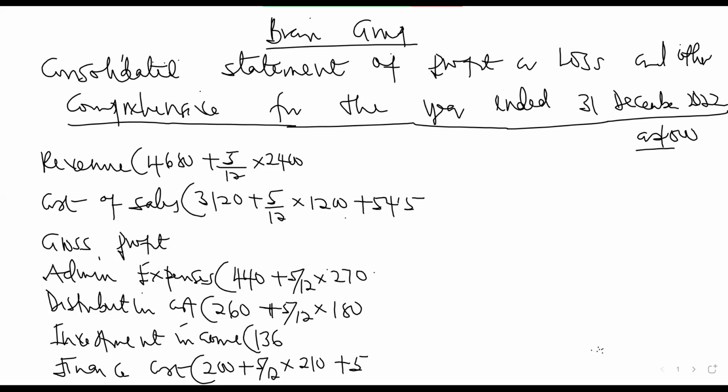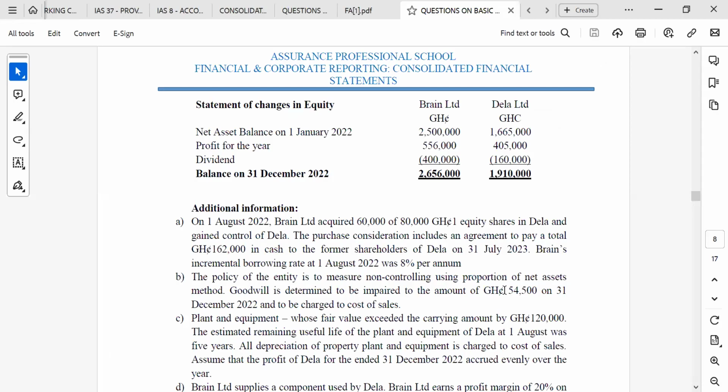You don't have to do anything. We are not calculating goodwill. You only calculate the goodwill if the question has asked you to do so, or you are given an impairment of the goodwill in a percentage. So you have to know the goodwill first before you know the impairment.